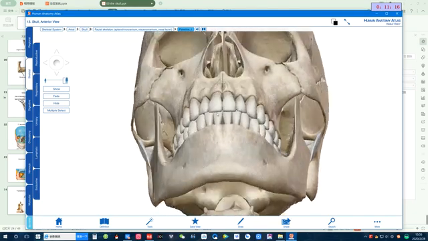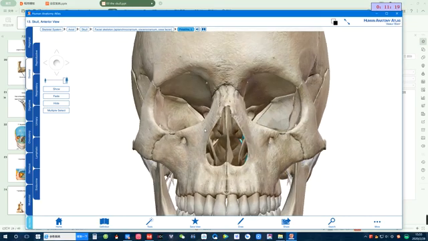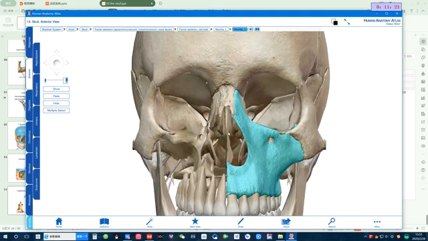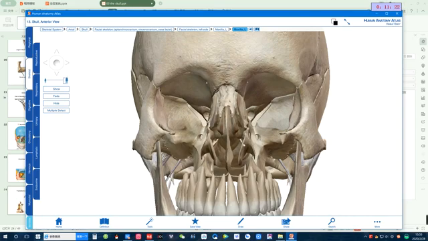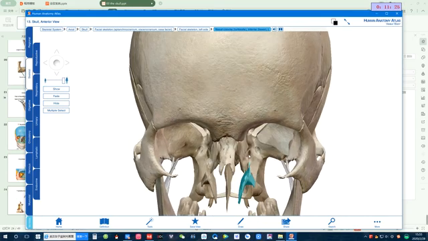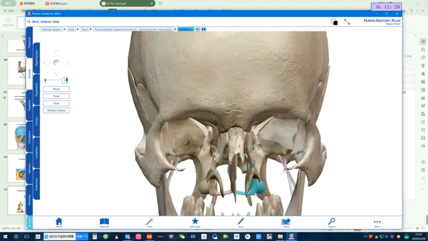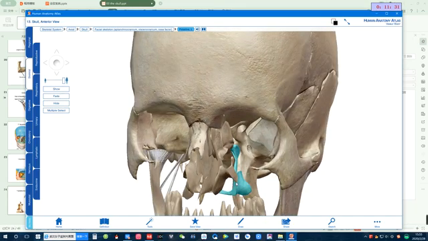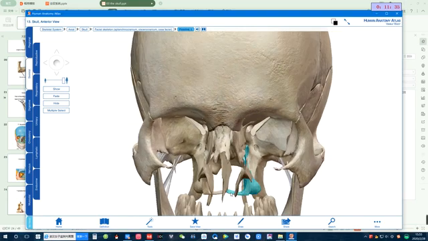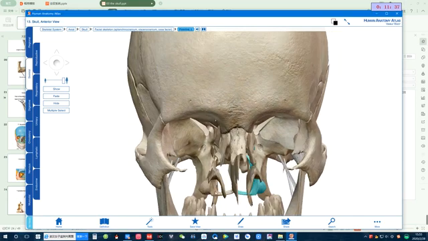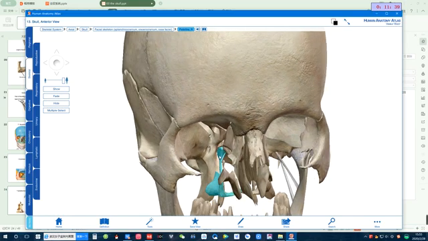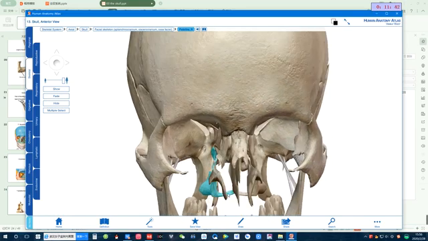Now let's see it from another side. You see it clearly? Here, this one, the left palatine. You see this one is the vertical plate of the left palatine. Here is the horizontal plate. And this side is the right palatine bone, with its vertical plate and horizontal plate.